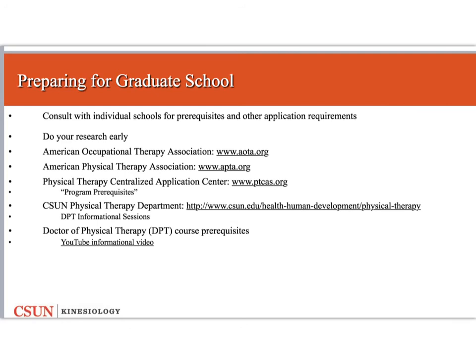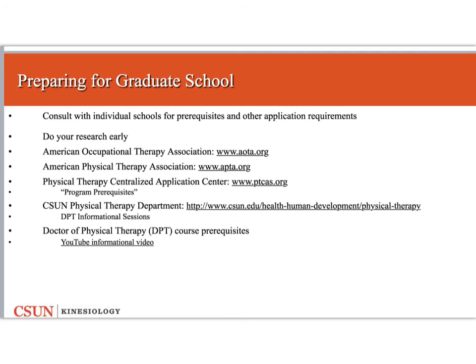Even if you choose exercise science and get your degree in kinesiology exercise science, there's still going to be at least 3 more classes that you need before you can go to physical therapy programs. So you can get information about physical therapy at this website. If you want to look up information about prereqs, I would recommend going to this website. Really good, up-to-date information on the prerequisites for physical therapy schools.